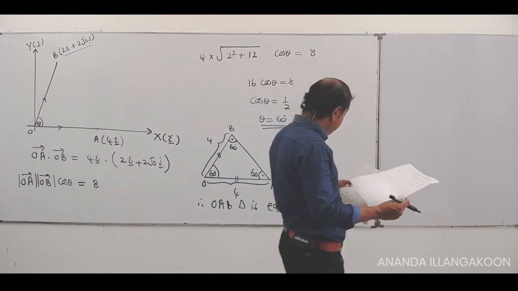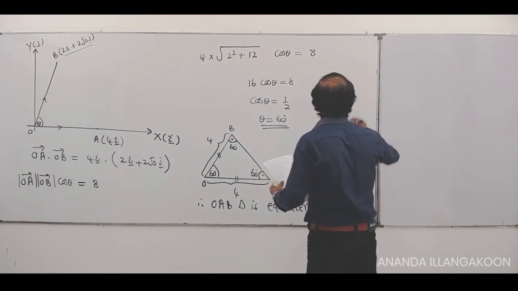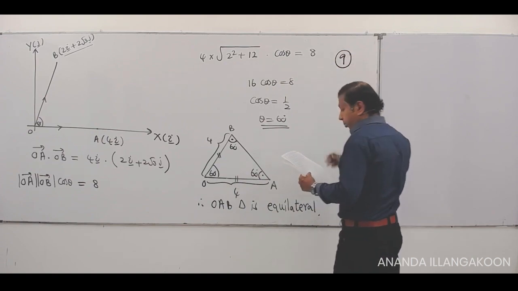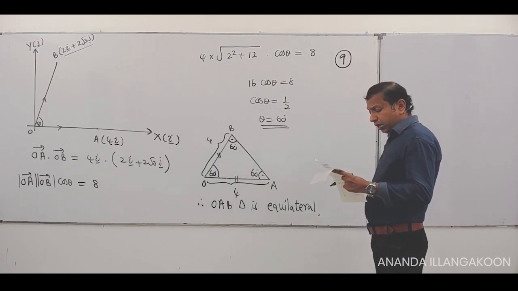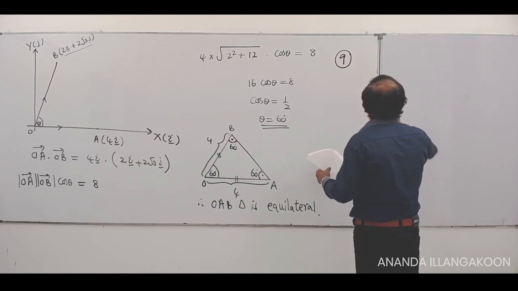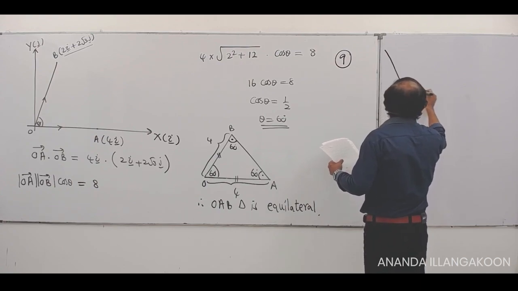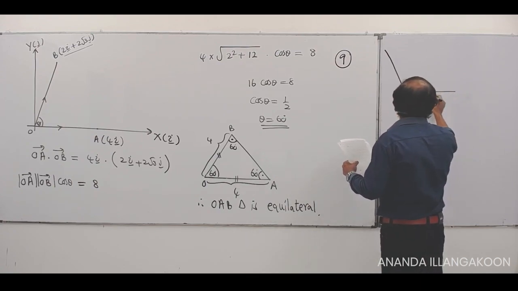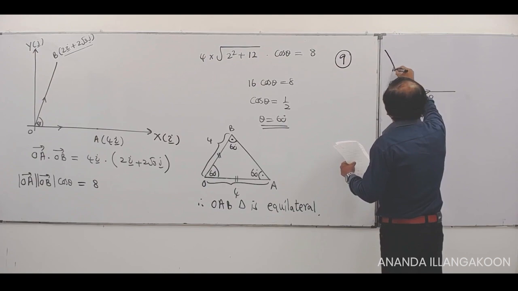Right. Next part, number 9. The angle between two forces P Newton and 70 Newton is 120. Here P, here 70.